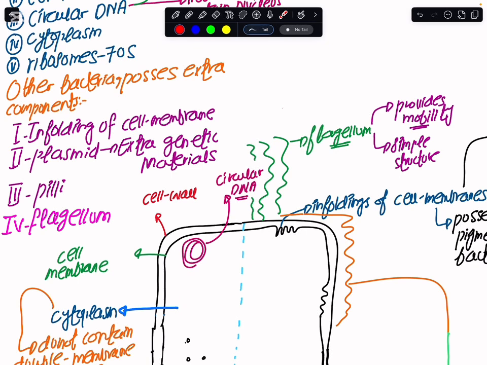Some of the bacteria possess pili as well, and they are responsible for the type of sexual reproduction that we see in bacteria, and that is conjugation. And in some of the motile bacteria that have an ability to move, they have a flagellum. So this is something you need to remember: only a few bacteria would have these extra components in them.